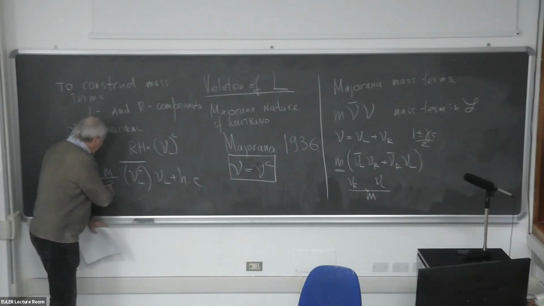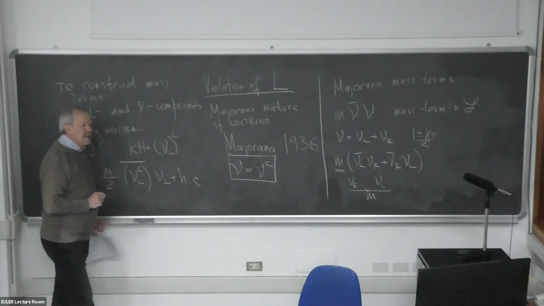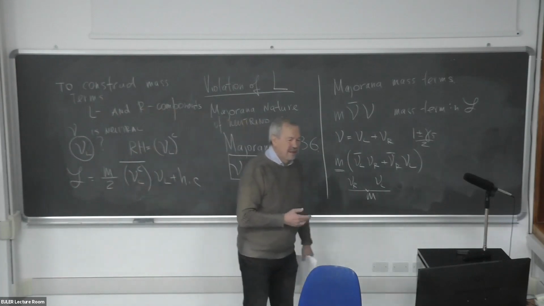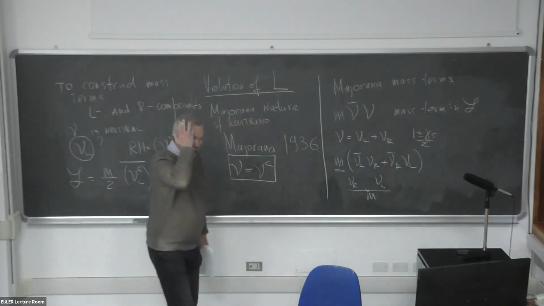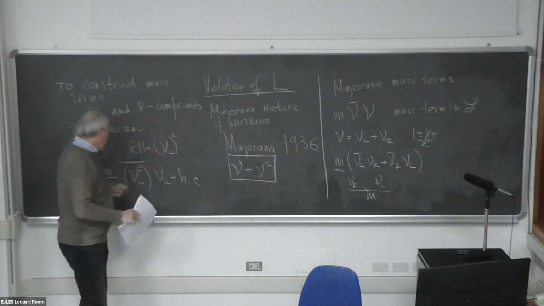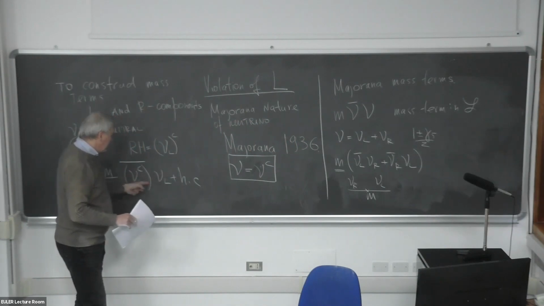So here the factor 1/2 appears because now we have fewer components, right? Fewer degrees of freedom. And when we compute the equation of motion using this Lagrangian, there will be a factor of 2 when we differentiate, because this is essentially nu L, so nu L squared.